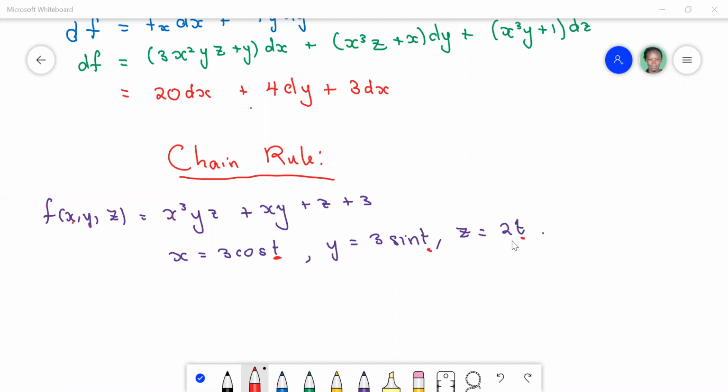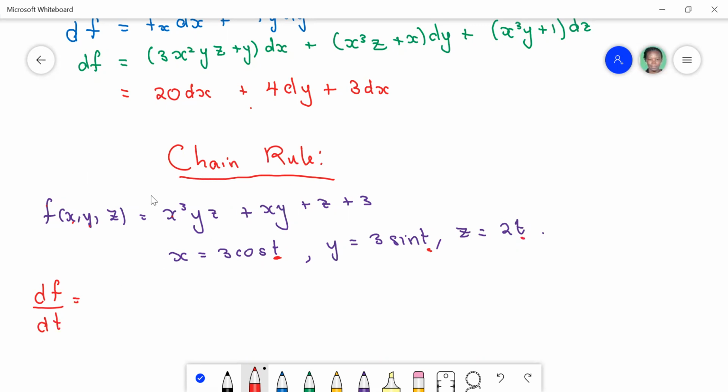So my f is also a function of t. If I ask you to find the derivative of f with respect to t, because they are all functions of t, how do I do that?